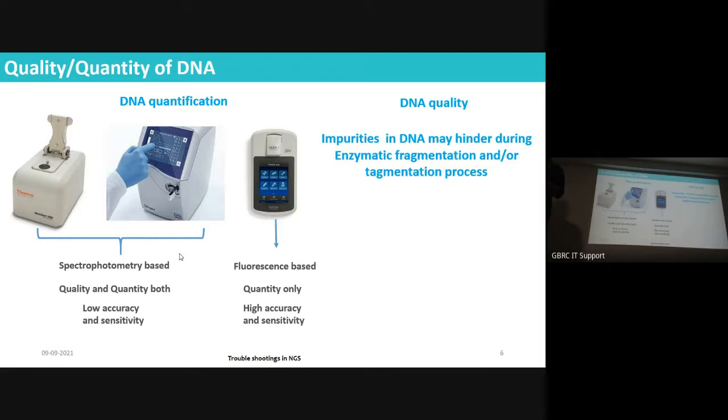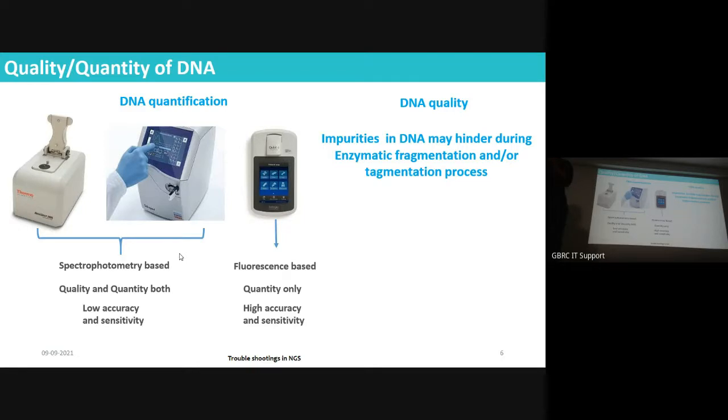Anyone who is running next generation sequencing, or even a PCR, needs to remember that carryover contamination is a major issue in any sequencing lab. Because every day you are dealing with DNA, which is very sturdy material. It remains in your environment, and there are very high chances that it can contaminate your libraries.